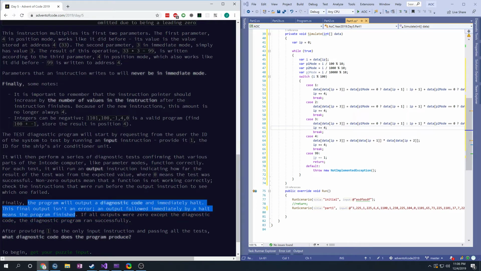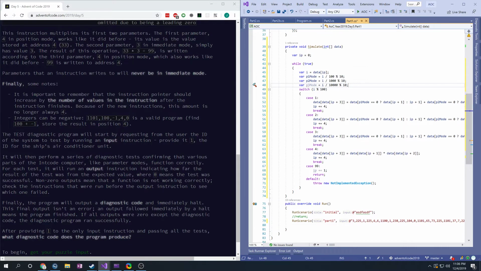For the diagnostics code, it's followed immediately by a halt. I have to be able to detect when it's an output. So effectively, I have to do some special testing with outputs, and then I have an input.